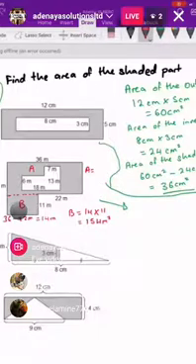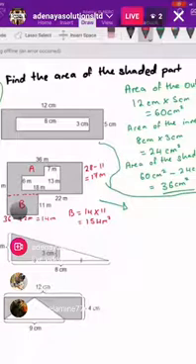So A is, we have 36 meters for the length, and for the height, we don't know the height. So let's first work out the height, which is 28 minus 11 meters, which gives us 17 meters. Yeah, so 28 minus 11 is 17.